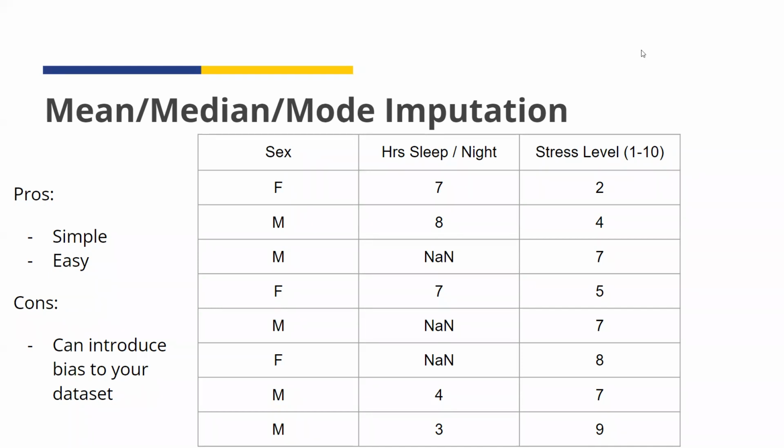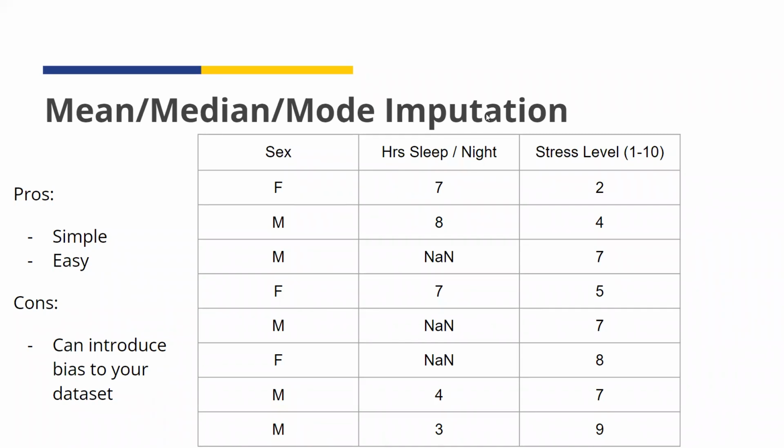These are the three different features we have for each of these entries. You'll notice that some of these hours of sleep are missing for some people. One way to deal with this is to take this column, hours of sleep, and take the average of all of these numbers that are present, and say the average is like 7 or something, and we would just replace each of these NaN values with 7, because that's on average what the hours of sleep is going to be for all these people.